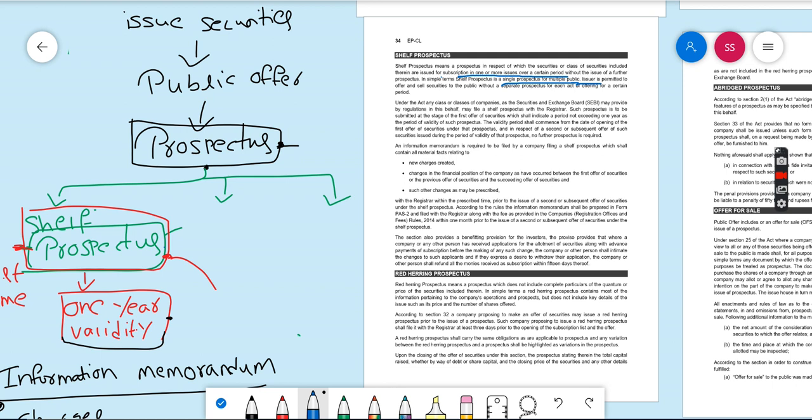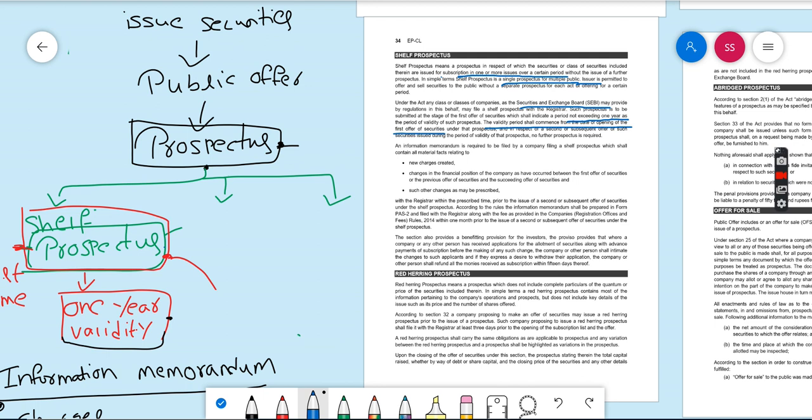It should be prepared according to the SEBI regulations, and the validity should not exceed 1 year. The validity period starts from the date of opening of the first offer of securities.